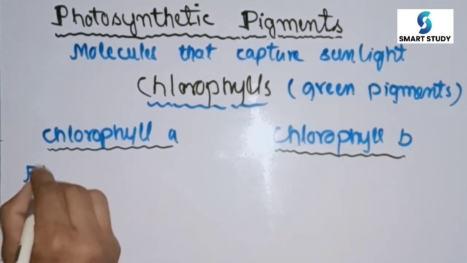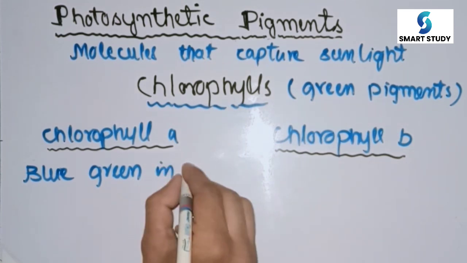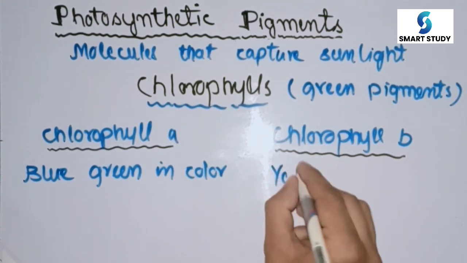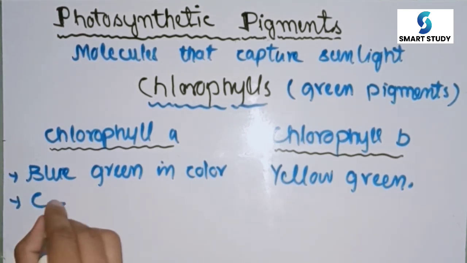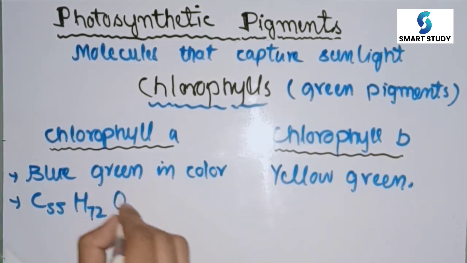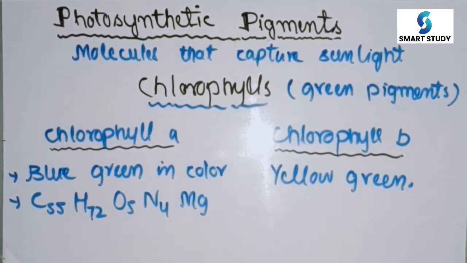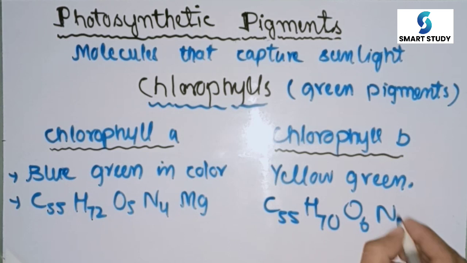Chlorophyll A is blue-green in color, while chlorophyll B is yellow-green in color. The chemical formula of chlorophyll A is C55H72O5N4Mg, whereas the formula of chlorophyll B is C55H70O6N4Mg.